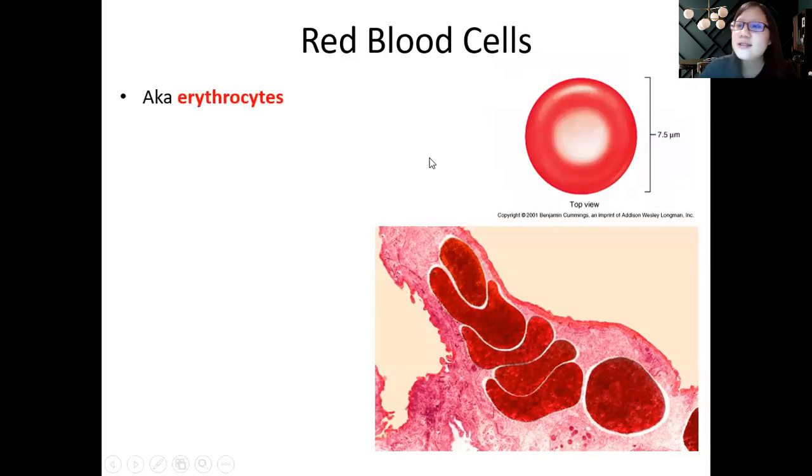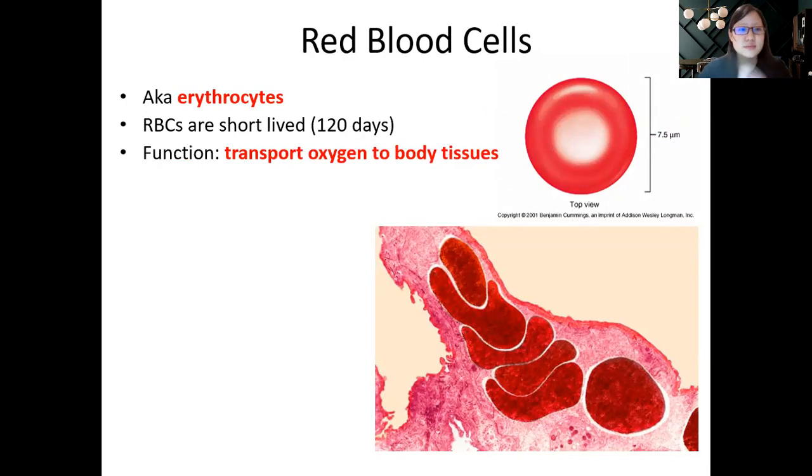Again, red blood cells have another name, erythrocytes. They are short-lived. They only survive for 120 days. So red blood cells are being produced every day in your body. Now, their function, of course, is to transport oxygen to body tissues.